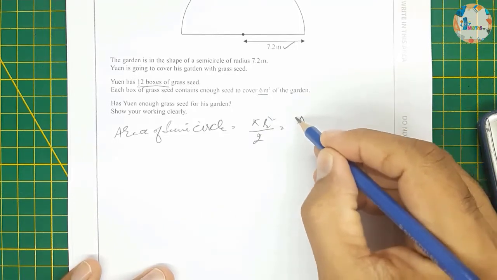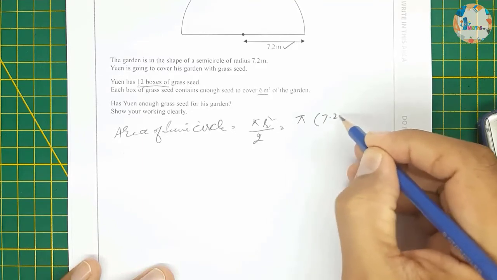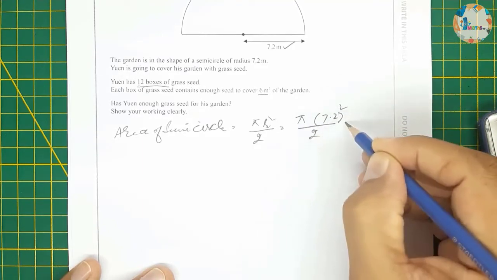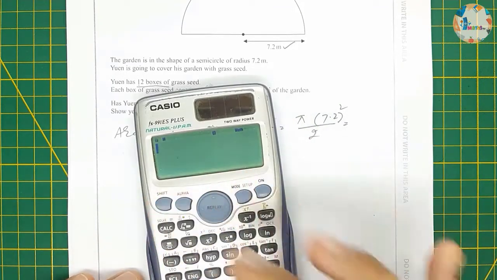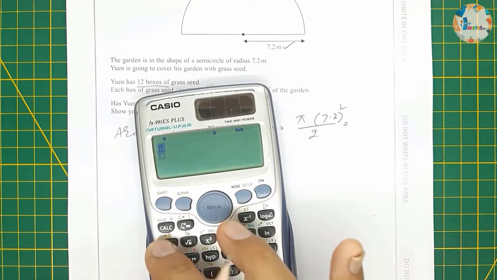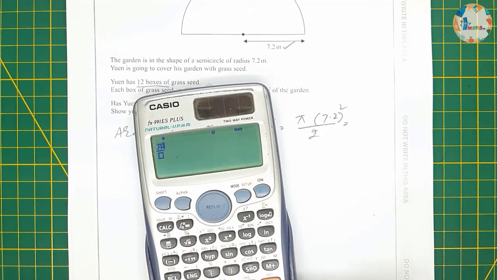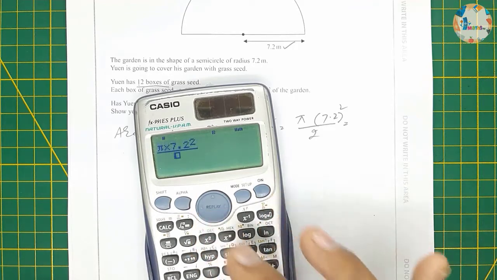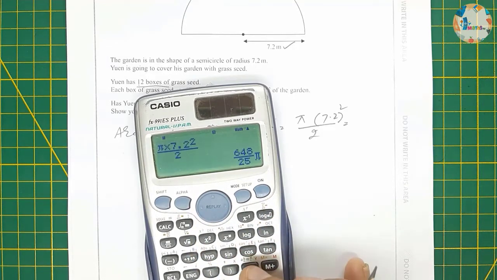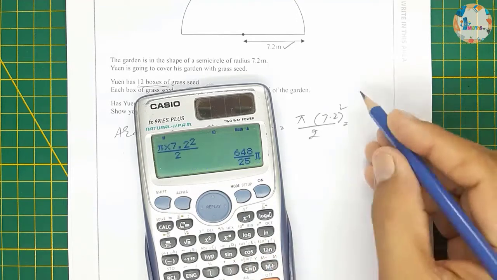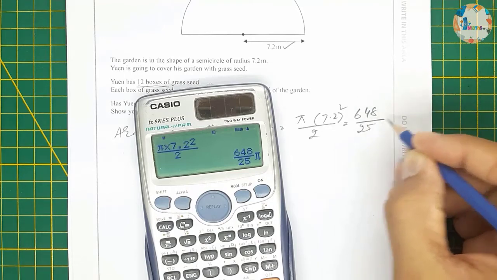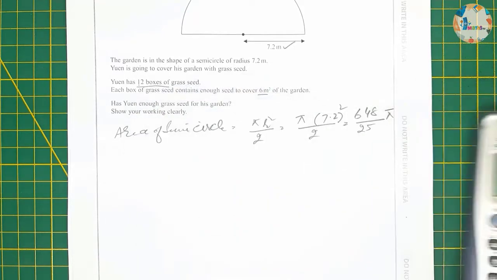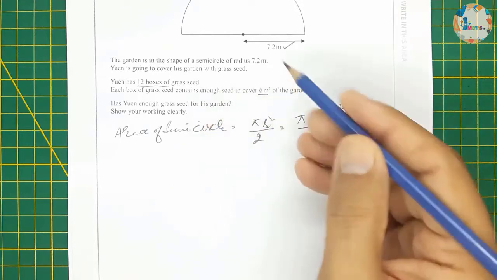So this will be pi, and r is 7.2, squared, divided by 2, and this is equal to, we can give in the form of pi, 648 over 25 pi. This is basically the area of the semicircle.